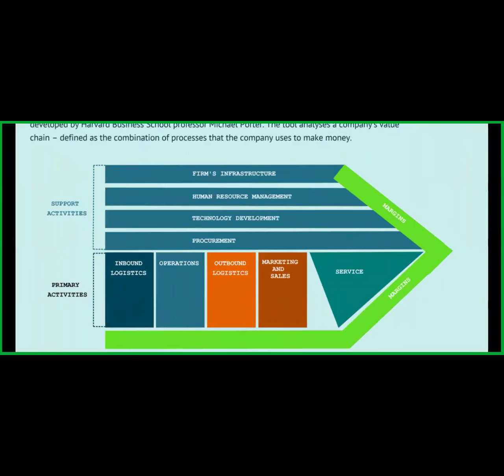One is support activities, the other one is primary activities. Support activities are firm infrastructure, human resource management, technology development, and procurement. Whereas primary activities of the company are inbound logistics, operations, outbound logistics, marketing and sales, and service.